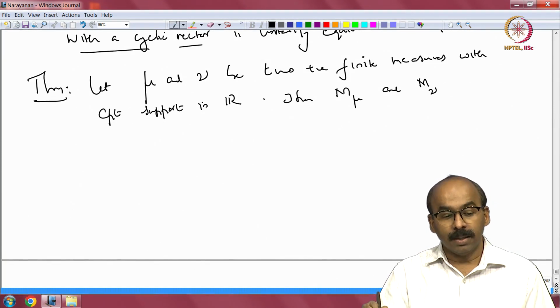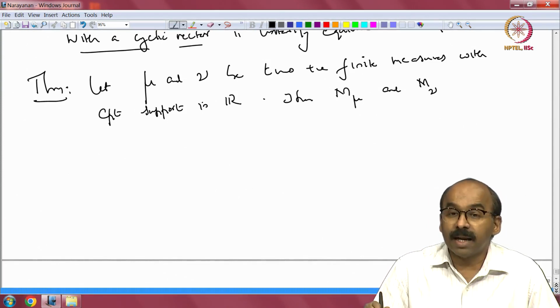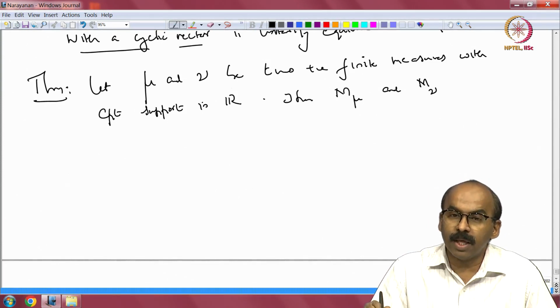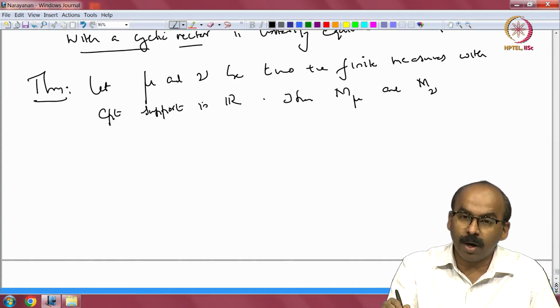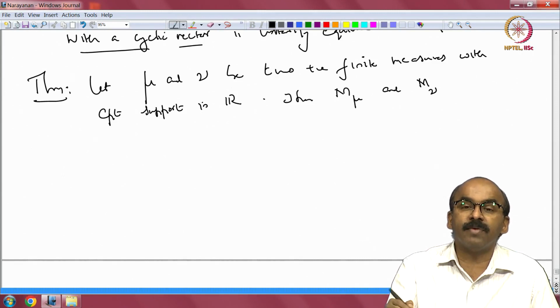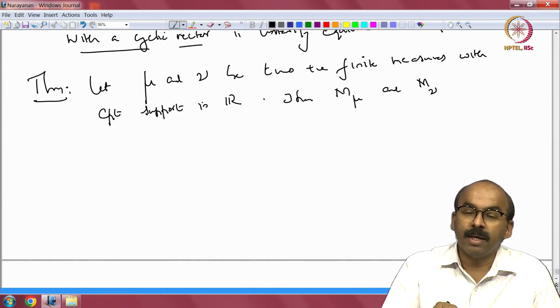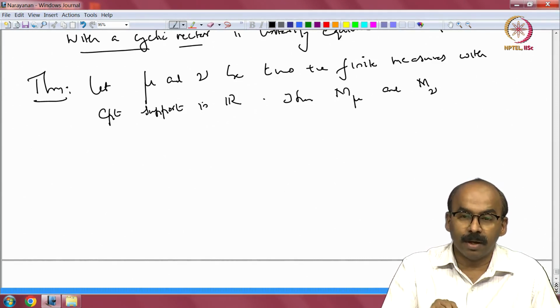So, the theorem is that if I have A and B, two self adjoint operators with cyclic vectors, then they are unitarily equivalent if the corresponding m sub mu and m sub nu are unitarily equivalent, if and only if the measures are mutually absolutely continuous. Okay.